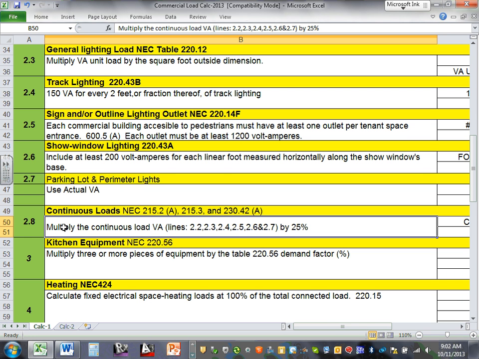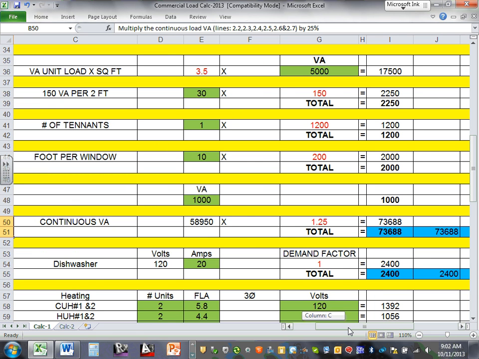It will tell you, by the way, all these are lighting loads and assumed continuous. So do me a favor, increase them by 25%. Did you hear me? Because they're all continuous loads. So what you do here is add them all up. Can you see how we're adding all the lights up? Multiply them by 1.25, and that's what you get.